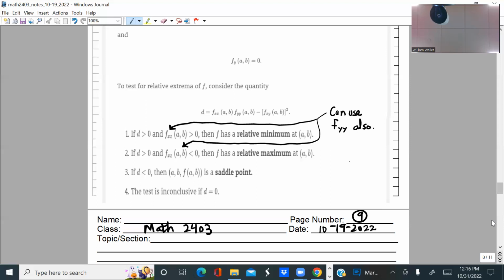It says if D is greater than 0, so if this number turns out to be positive, and the second partial derivative with respect to x is positive, then you have a relative minimum at the critical point. So positive D and positive second partial derivative means relative minimum. Oh, by the way, you could use y.